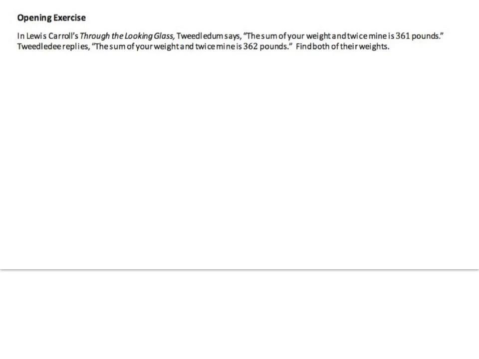We talked about this as systems of equations, so we're going to have more than one variable and probably more than one equation. This says, in Lewis Carroll's Through the Looking Glass, Tweedledum says, the sum of your weight and twice mine is 361 pounds. I'm underlining it in red.